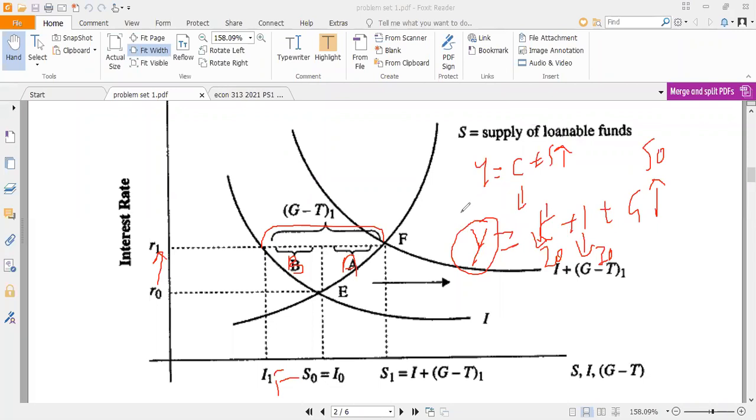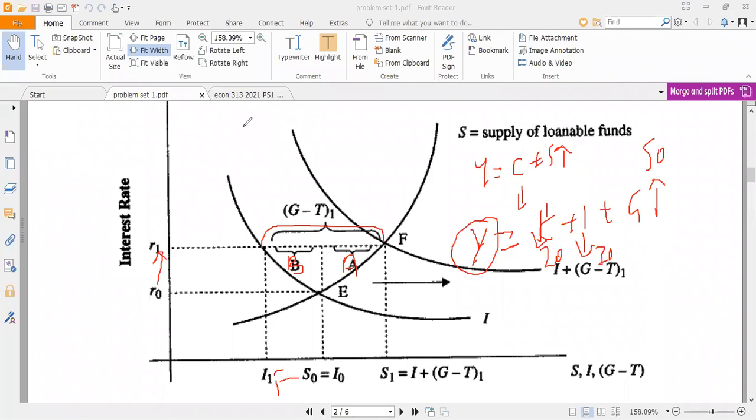So if you want to increase your output level, don't use bond finance government spending. This increase in government spending, financed through the loanable funds market, will have no effect. Audrey.